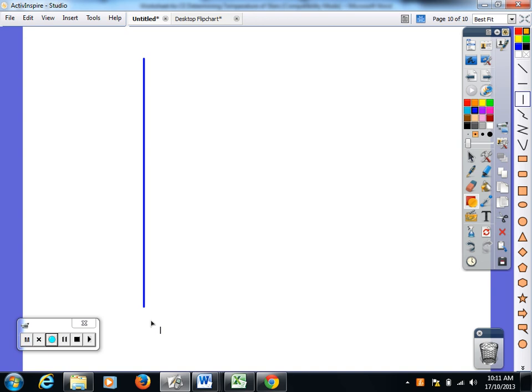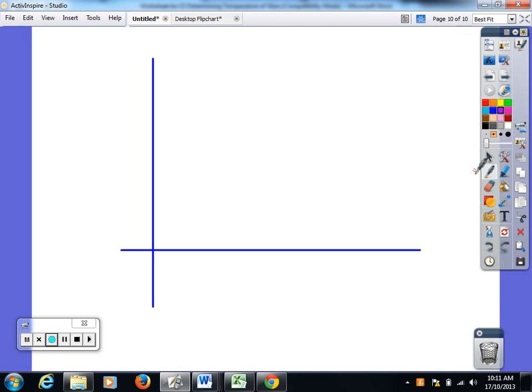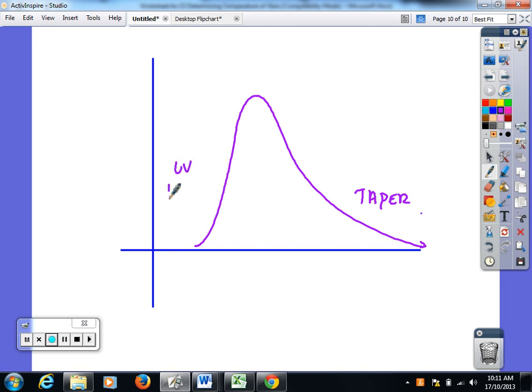And yesterday we observed that a radiation intensity curve looks like this. All radiation intensity curves have a long taper down this end. That's a taper. Does anyone know what a taper means? Goes off, getting thinner and thinner. And a massive UV dive straight down on the UV end.